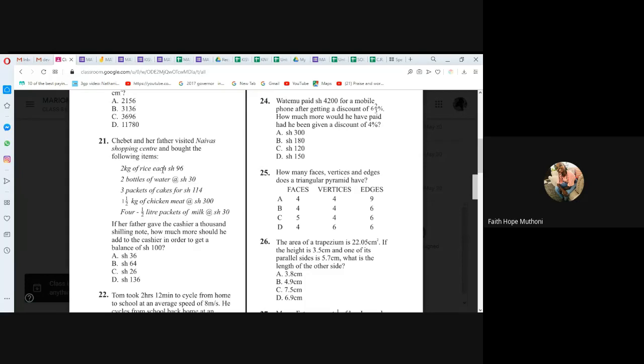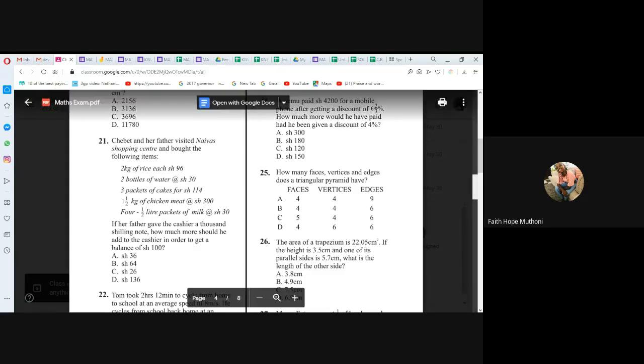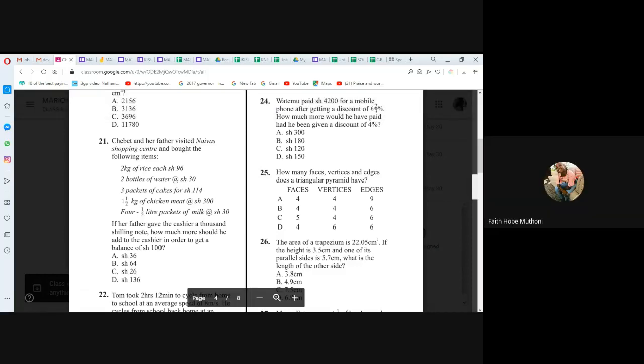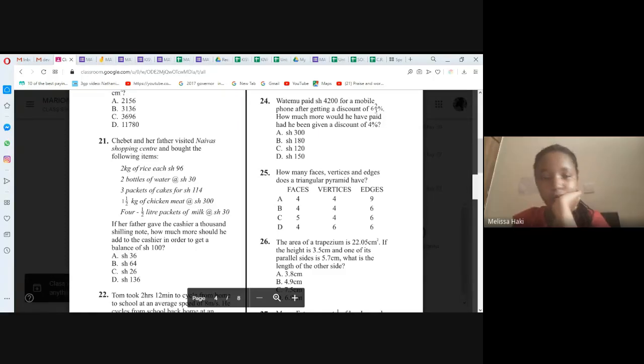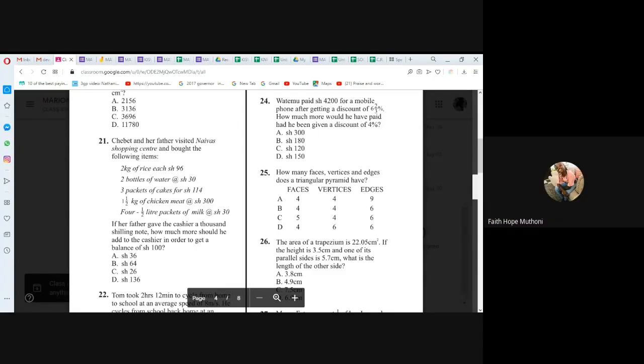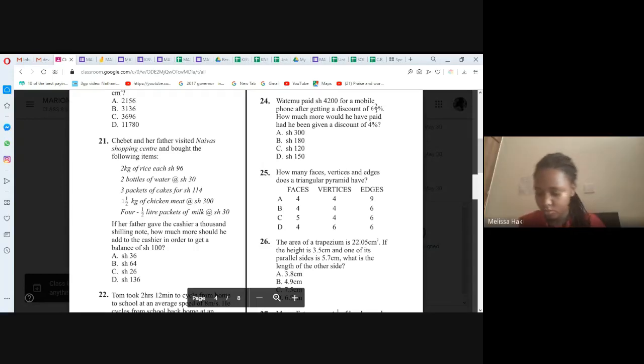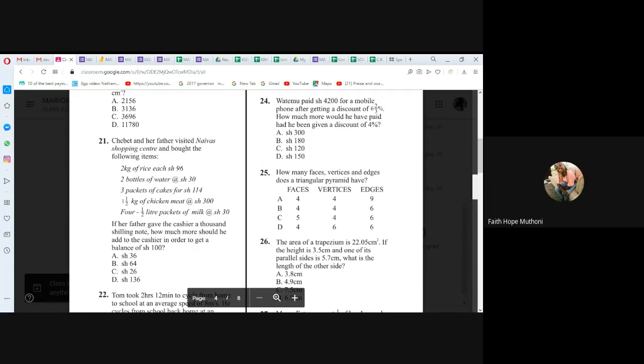First, you do 2 kg of rice at shilling 96 each. Each means every kg is 96, so you do 2 times 96. Then it's written 2 bottles of water at shilling 30, so you multiply also: 2 times 30.